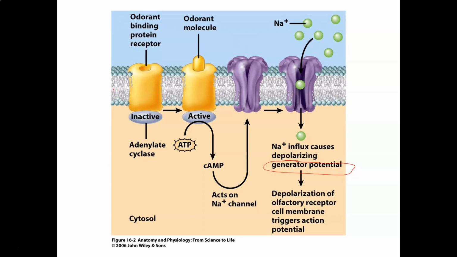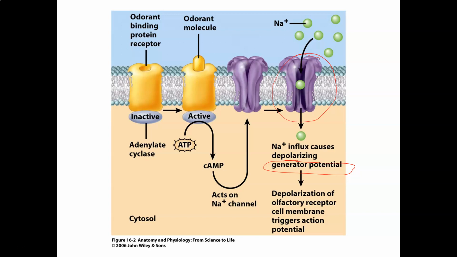Remember I said that chemoreceptors are where chemicals lead to opening of ion gates, like this purple thing here in the membrane. That's a sodium gate. So it's closed. Then this odorant molecule comes along and opens it, and sodium enters, and you get depolarization. Remember, that's how generator potentials are triggered, by opening ion gates.